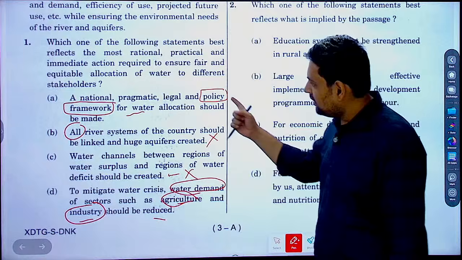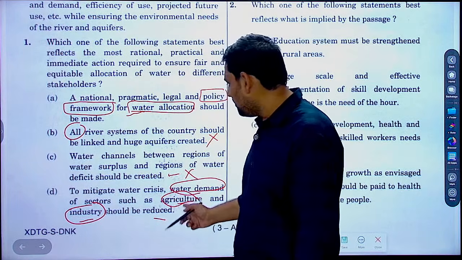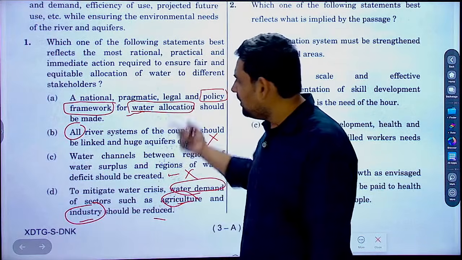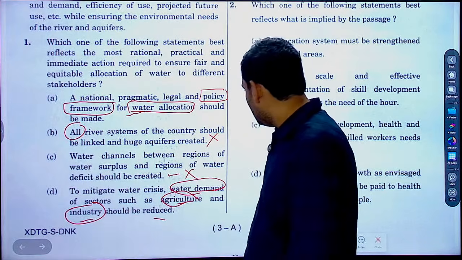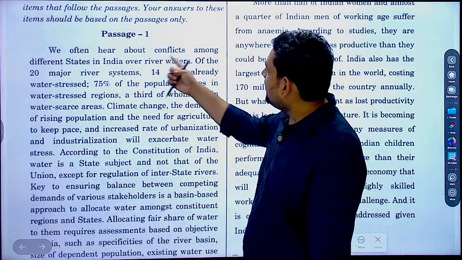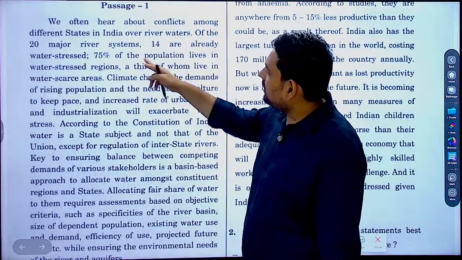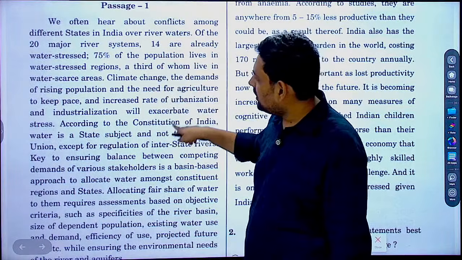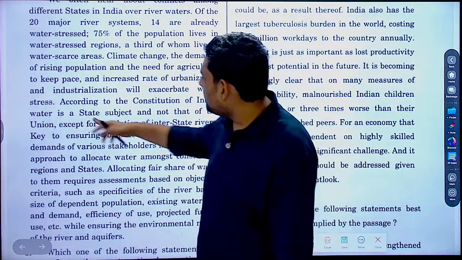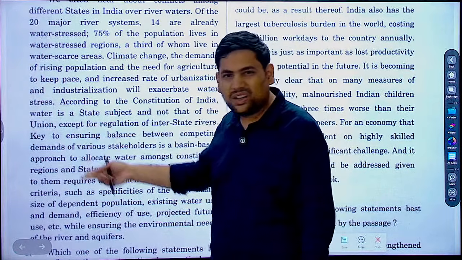So either it is about a policy framework for water allocation or it is about water demand in agriculture and industry. Now, if you read the passage, you see it very clearly. The first statement itself starts here. We often hear about conflicts among different states in India over river waters. Of all the 20 major systems, 14 are already water stressed, all this. Okay. Then it talks about, according to the Constitution of India, water is a state subject and not that of the Union. What is this?